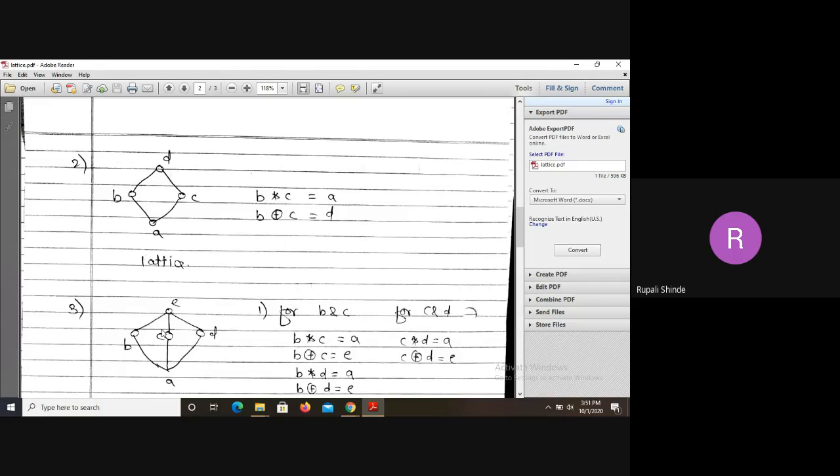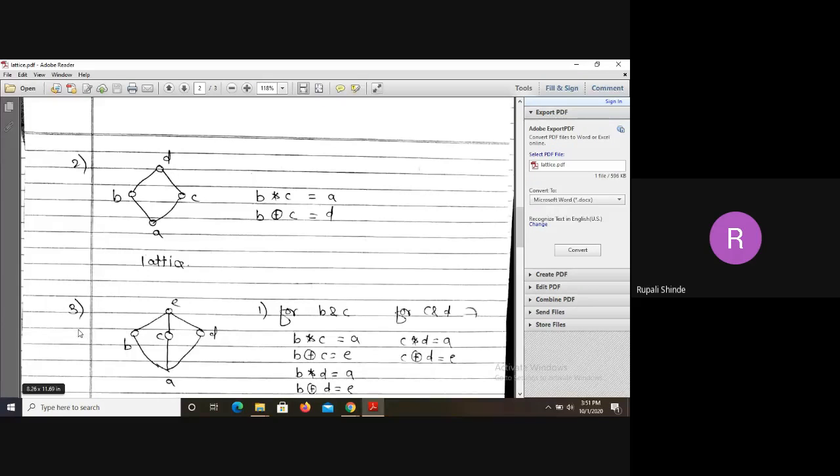So it is not required to check for the greatest lower bound and least upper bound for any two elements that are connected by a direct line. त्याच्यासाठी ऑलरेडी आहे. जे एलिमेंट कनेक्टेड नाही आहे डायरेक्टली त्यांच्यासाठी आपल्याला चेक करायचे.